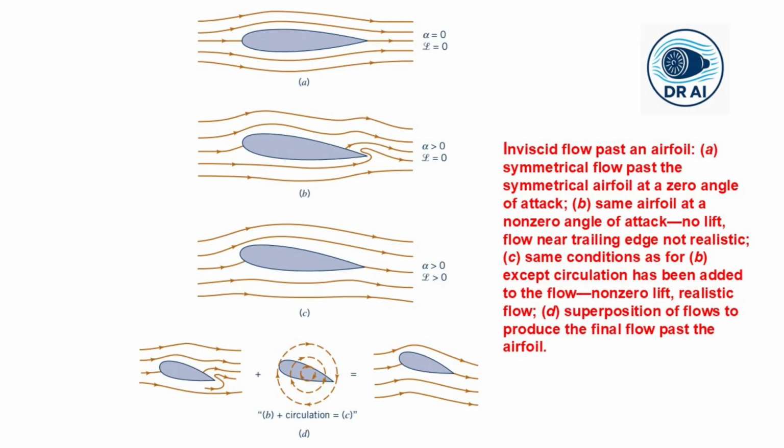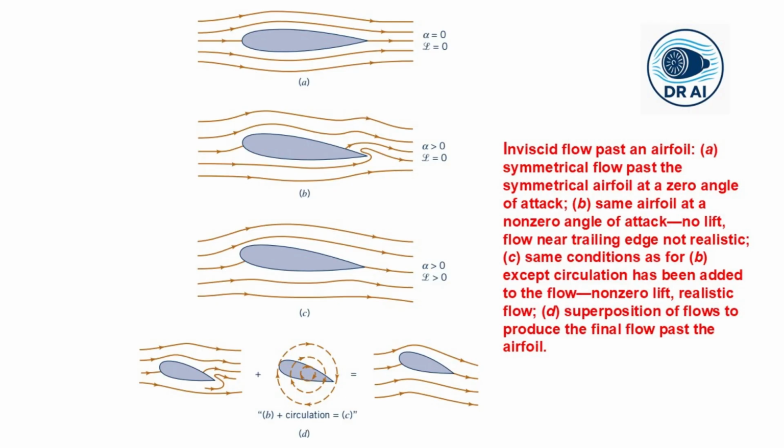The solution developed by early aerodynamicists is to add circulation, a swirling flow around the airfoil. Part D of this figure shows this concept: uniform flow plus circulation equals the realistic flow pattern depicted in part C of this figure.